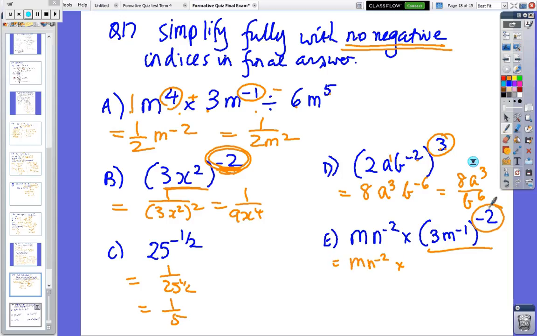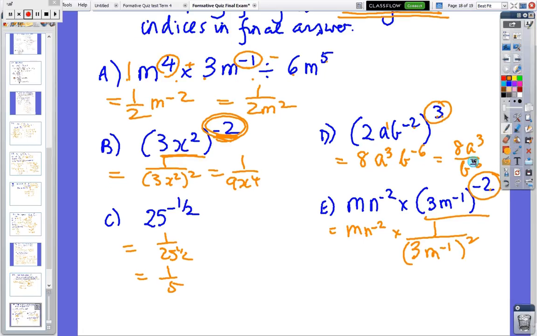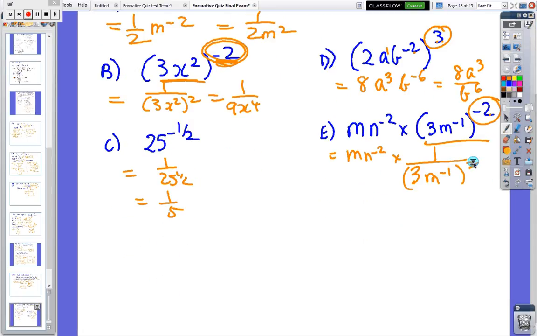Now it's a negative there, so we go 1 over, and then we've got 3m minus 1, and that's now to the positive 2. So we've got m^-2 times 1 over 3 squared, which is 9, and minus 1 times 2 is minus 2. So 1 times 1/9 is 1/9.